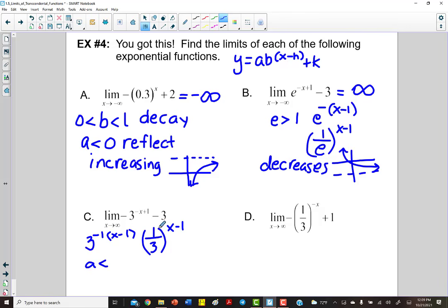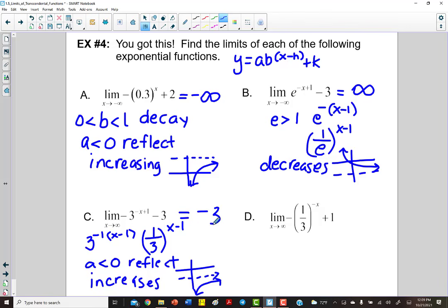We've got a decay question and a negative a, which is going to reflect that graph, and that's going to cause our graph to be an increasing function. So the graph would reflect and be down here somewhere below that horizontal asymptote. So at positive infinity, our limit would be heading toward the horizontal asymptote.